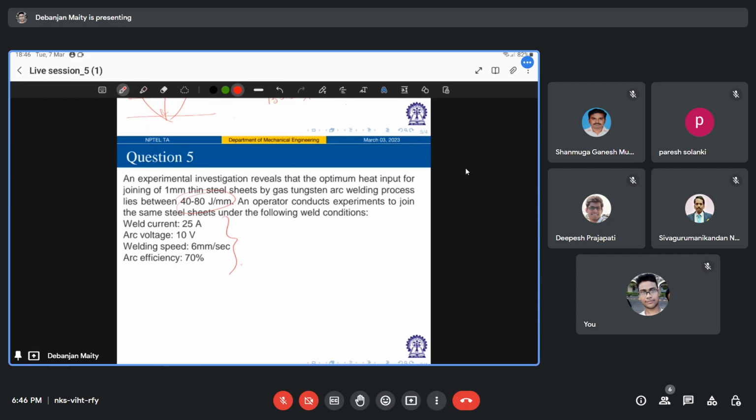So what you need to do is check whether the conditions are suitable to join the sheets or not.